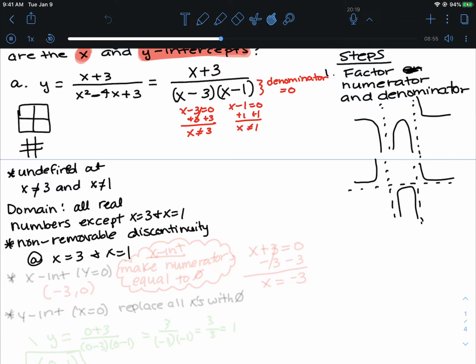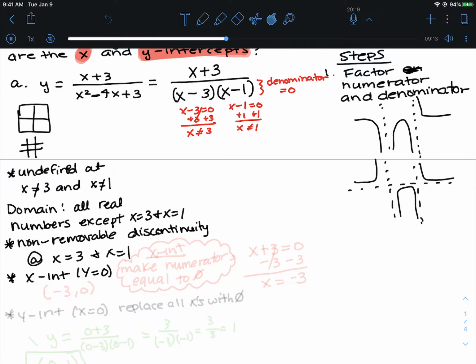Now we want to go ahead and find the x-intercept. Remember, the x-intercept is when you make y equal to 0. There's a cool thing here: when you're dealing with rational functions, if you want to find the x-intercept, all you have to do is make the numerator equal to 0.